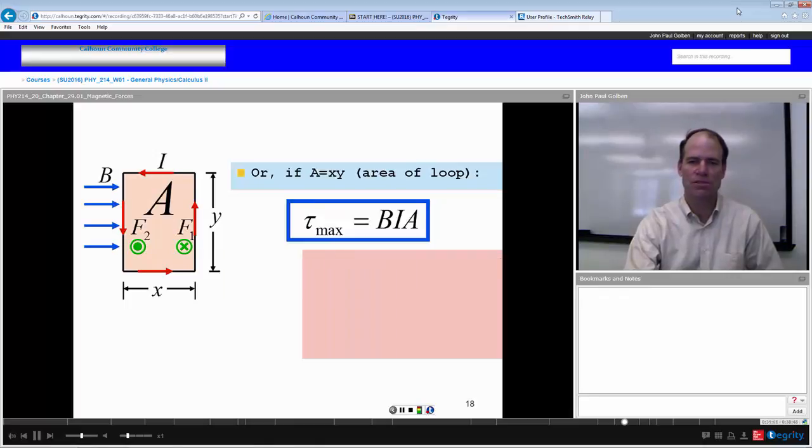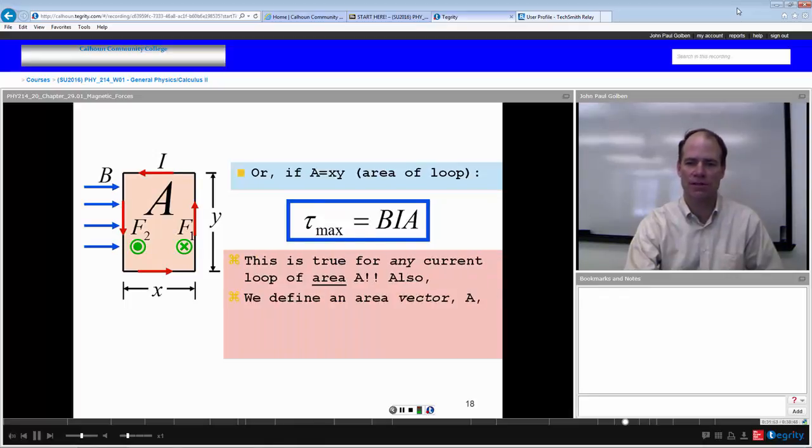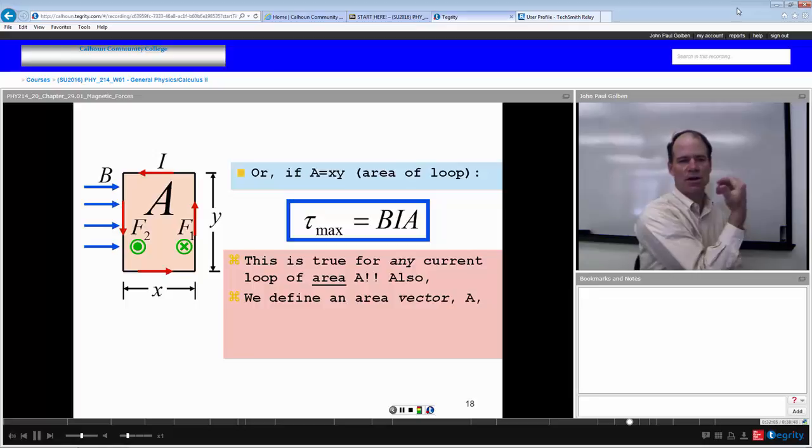We can also define what we call an area vector associated with this area. It is a vector that is perpendicular to the plane of the loop, and if we use the right-hand rule, if we curl our fingers in the direction of the current in the loop, our thumb would point in the direction of the area vector.